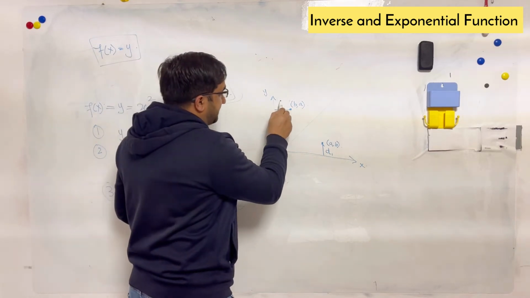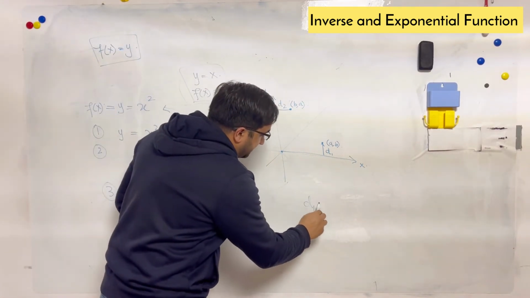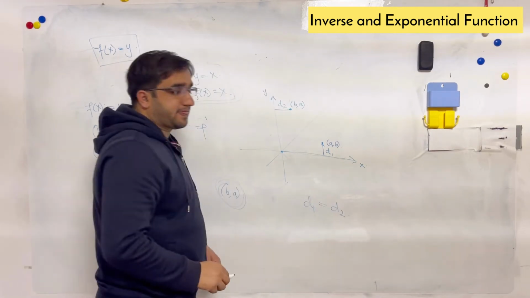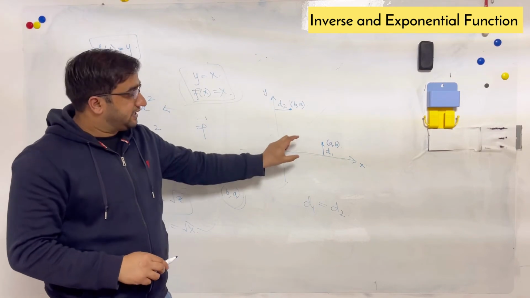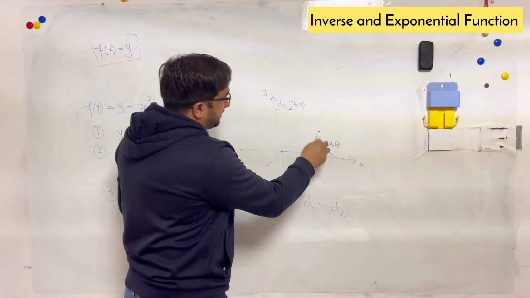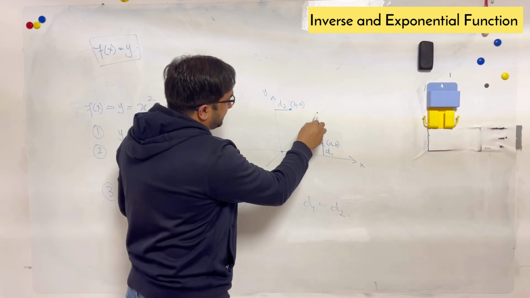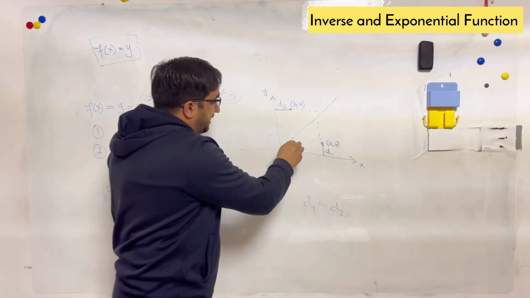Say this distance is D2, then D1 is equal to D2. Only the positions are flipped, and the positions are flipped around this straight line.